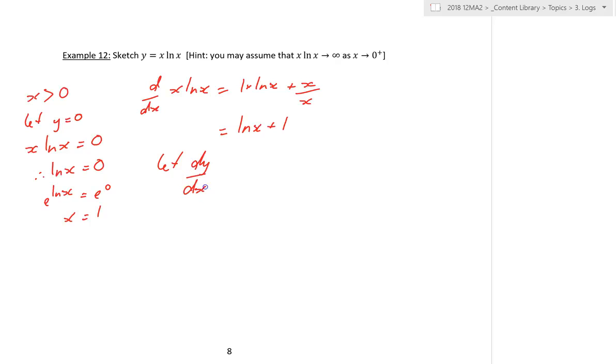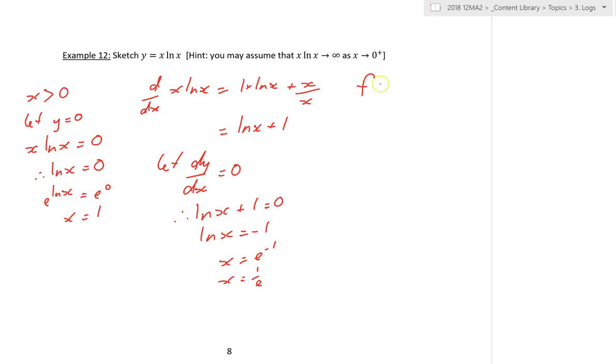dy dx equals 0. Therefore, log of x plus 1 equals 0. Therefore, the log of x equals negative 1. That means that x equals e to the negative 1, x equals 1 over e.